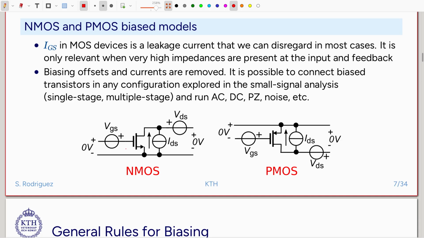So since we can disregard it, we can just remove this current source at the input, and then we only have 3 sources left to implement. Then the circuit for biasing the NMOS transistor is the one that we have on the left. We have a similar one for biasing a PMOS transistor on the right.